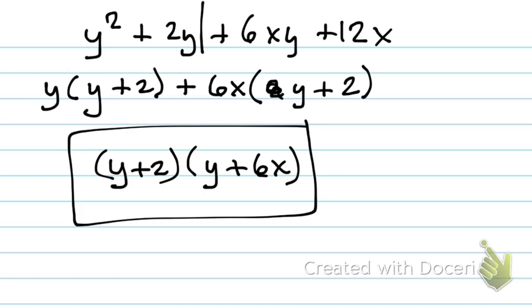All right. But keep in mind that the process of grouping never changes. First, separate the first two terms from the second two. Find the GCF in the first group. Bring down the sign. Find the GCF in the second group, even if it's just a 1.